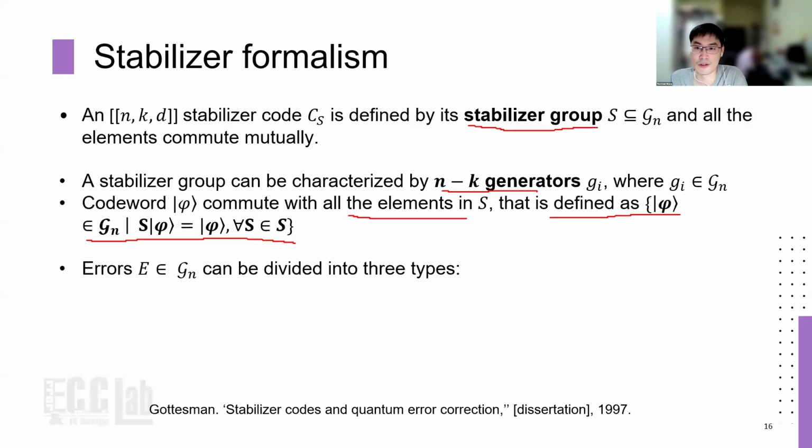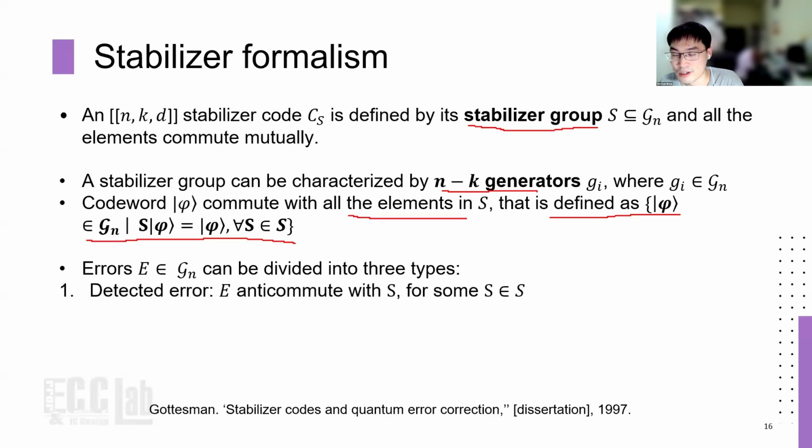And let's look at the error, which belongs to the n-fold Pauli group. It can be divided into three types. First, detected error, which anti-commutes with an element in S. So we can verify using only n minus k generators, and each generator corresponds to a syndrome bit. So if an error anti-commutes with a generator, then the syndrome bit will be 1, otherwise it will be 0.